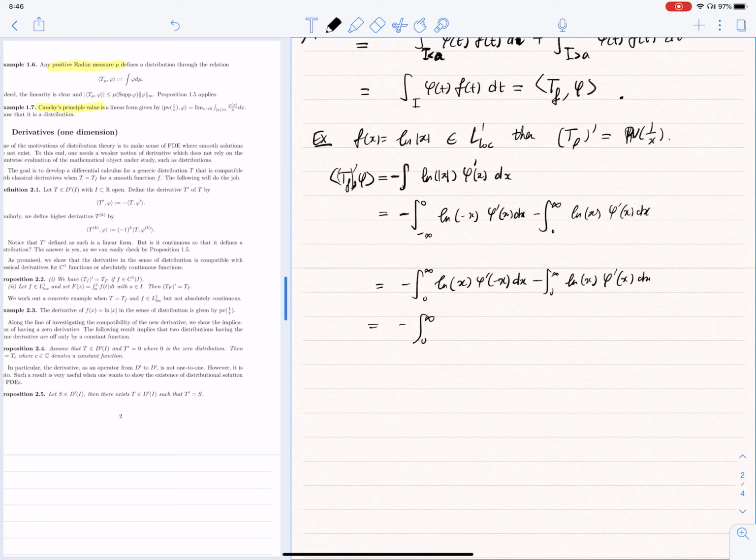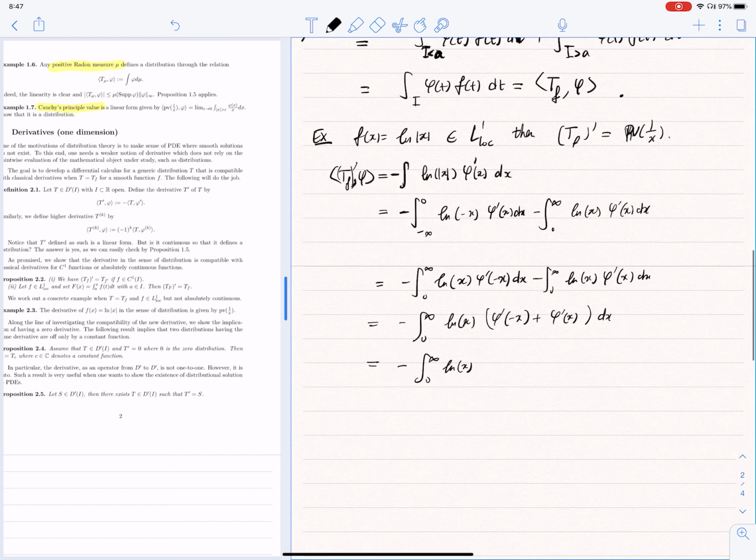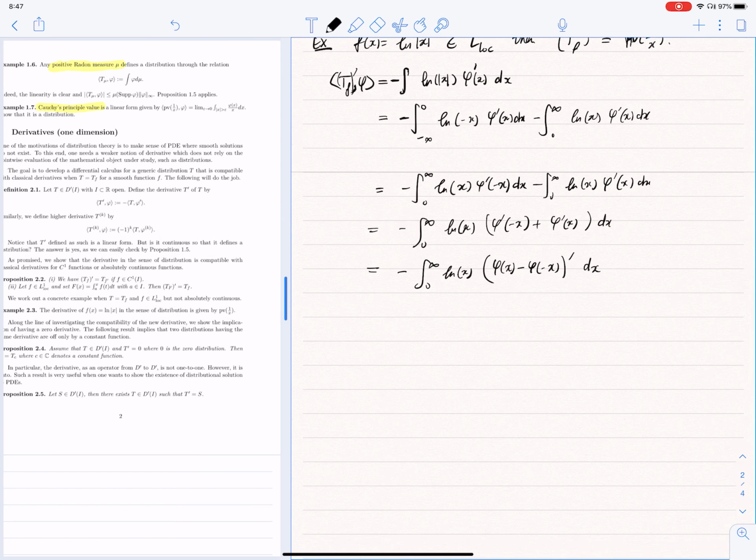We're going to have 0 to infinity, log of x times phi prime of negative x plus phi prime of x dx, right? And this is a trivial step. We realize that the sum is actually the derivative of the difference, dx.